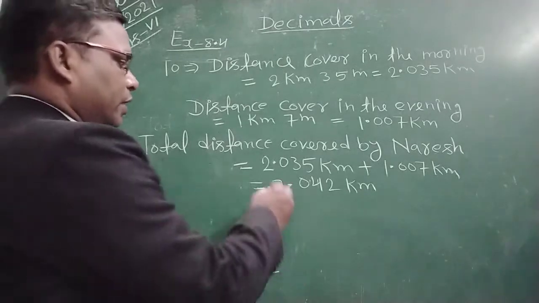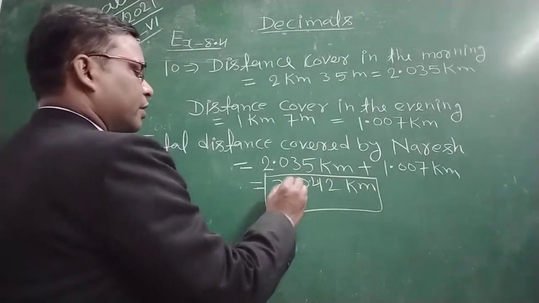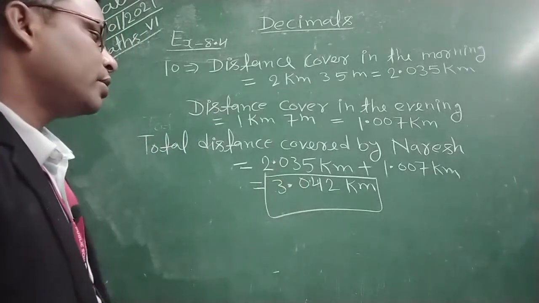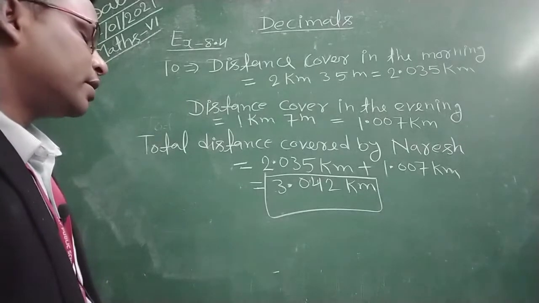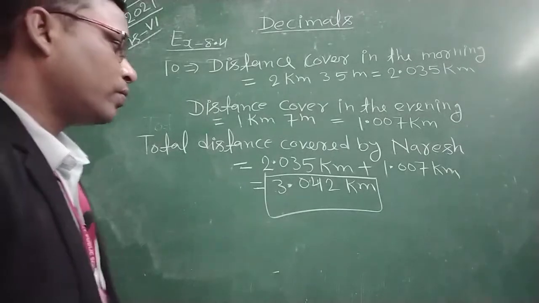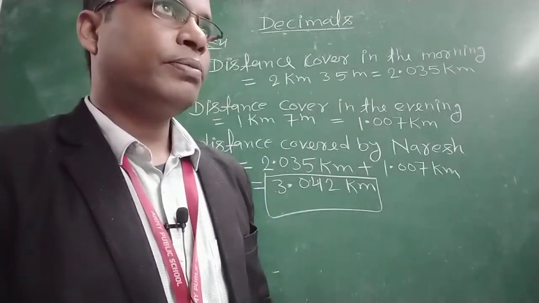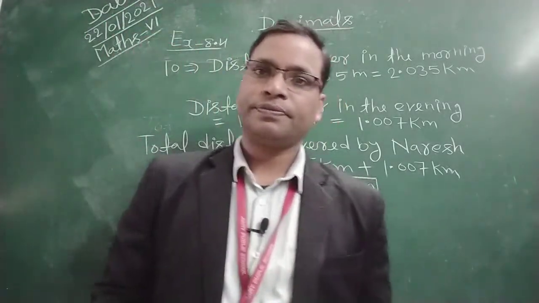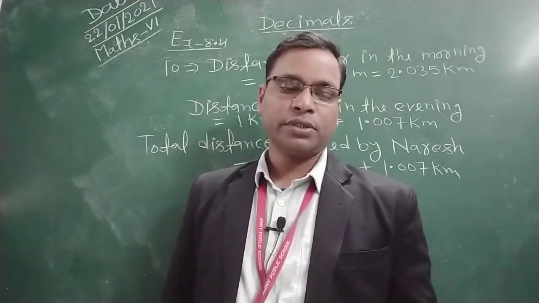We add them, and we get the total distance covered by Naresh as 3 kilometer 42 meters or 3.042 kilometer. So students, I hope all of you understood these questions. Now we are going to discuss our next questions.